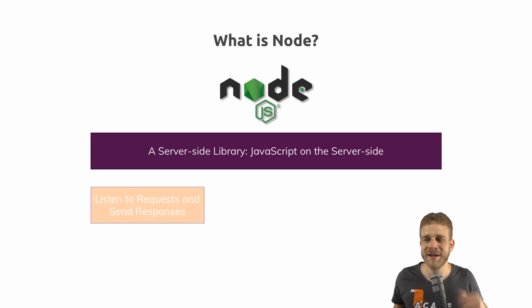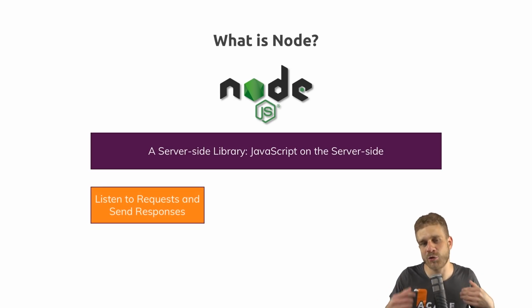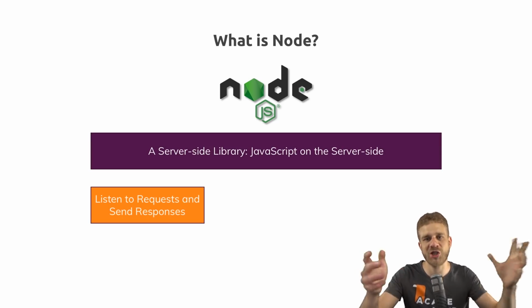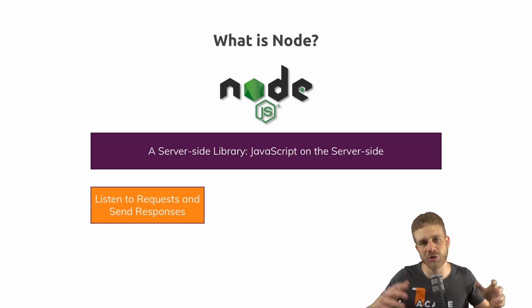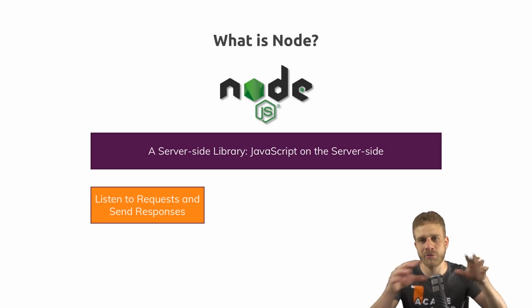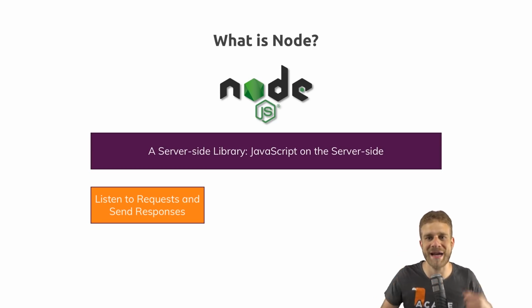Pretty amazing. Node.js listens to incoming requests and is able to send back responses. For example, our Angular app could send a request to fetch a list of all the posts, and Node could handle that request, do something, reach out to the database, and send back a response with all these posts.